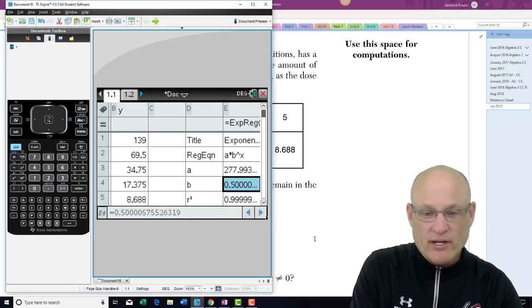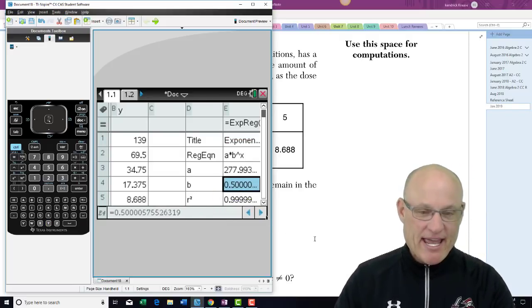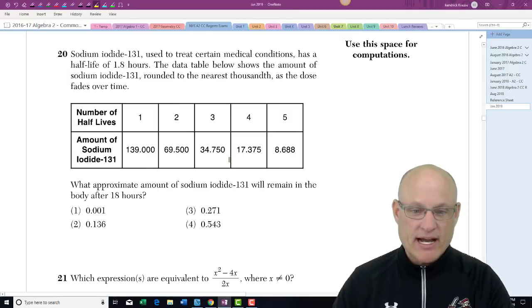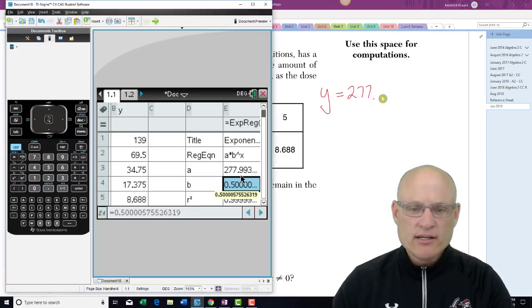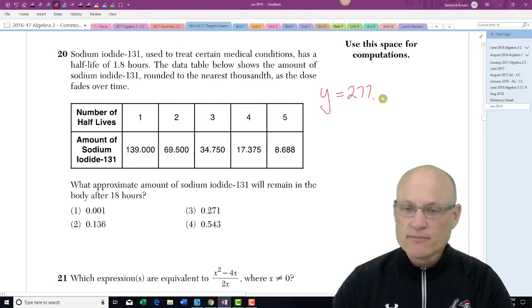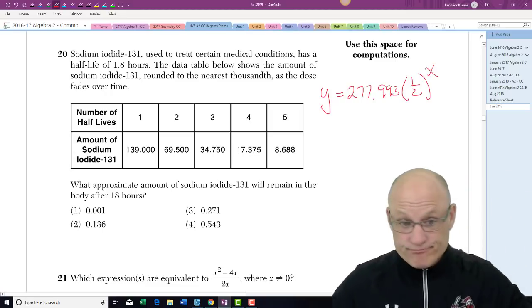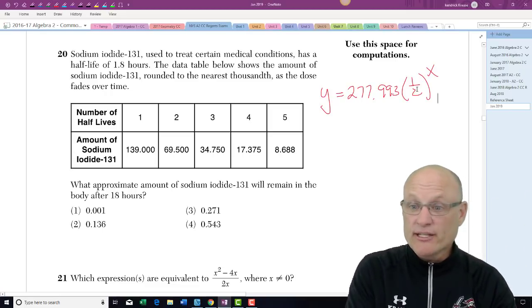So my A value is 277.933. So here's my equation: y equals 277.993 times 1/2 to the x. All right, no problem. Let's see.